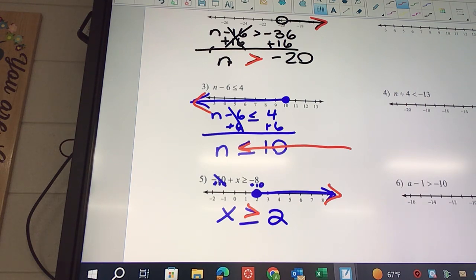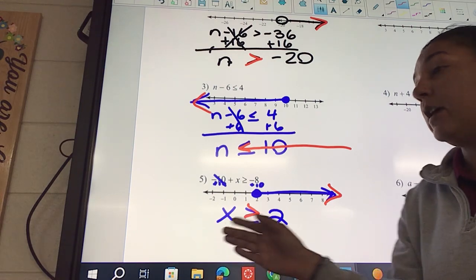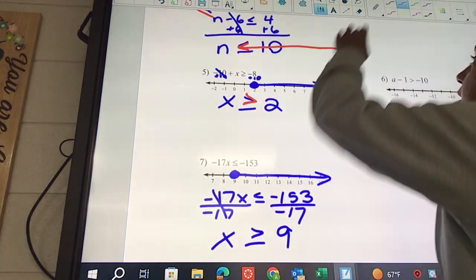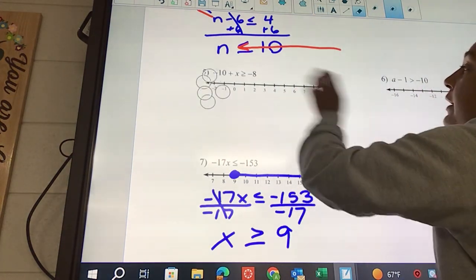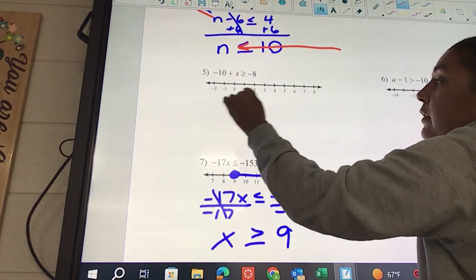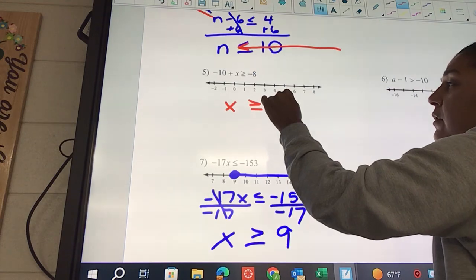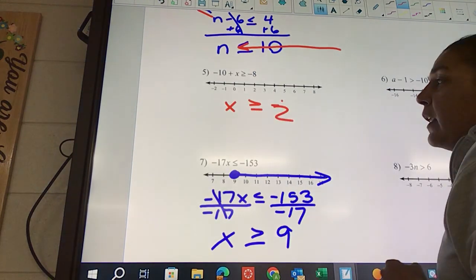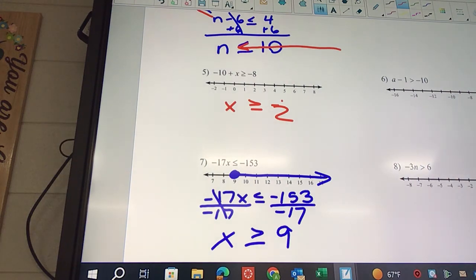That only works if your letter is on the left side. If we pretended this said, was it 2 or negative 2? It was 2. That only works if my letter is on the left.